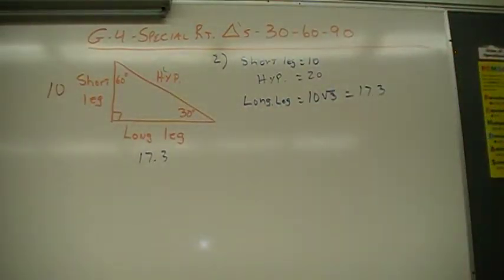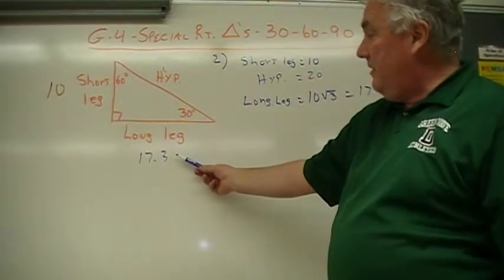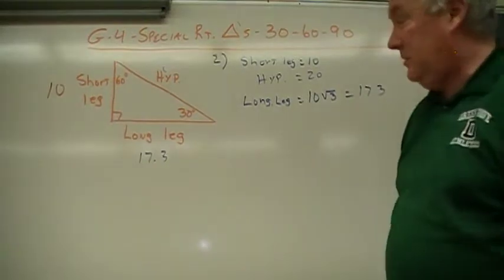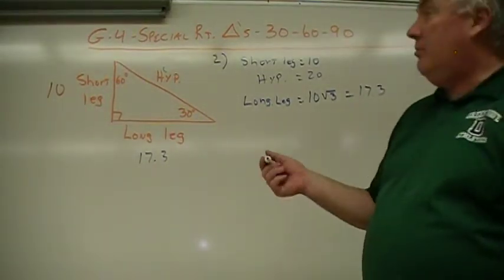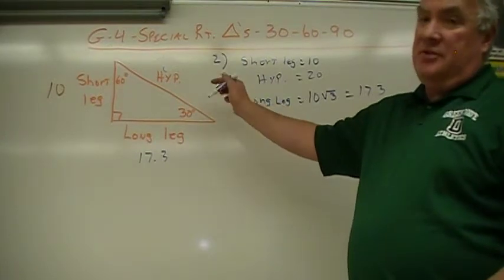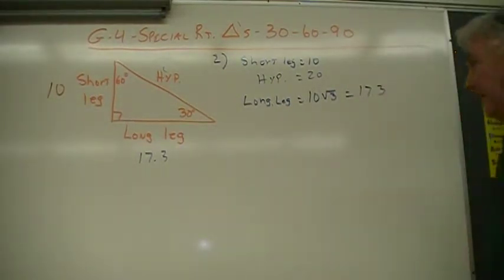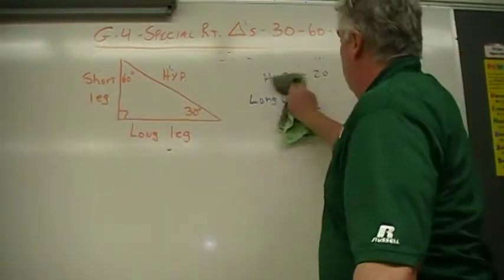If we did Pythagorean theorem, 10 squared plus 17.3 squared, we would get 20 for the hypotenuse, or right around 20, depending on your rounding. You would come extremely close to 20. So that's number 2.